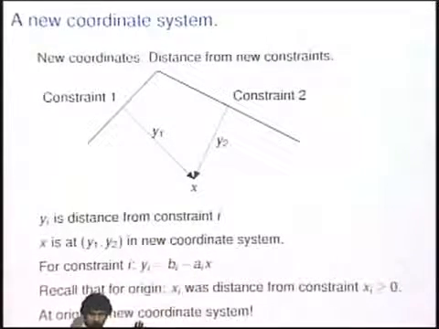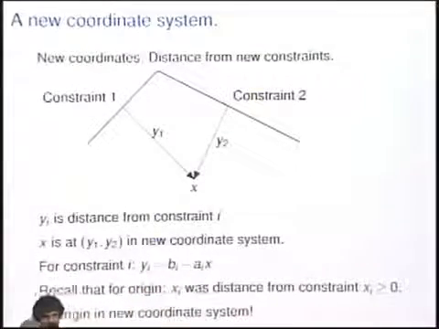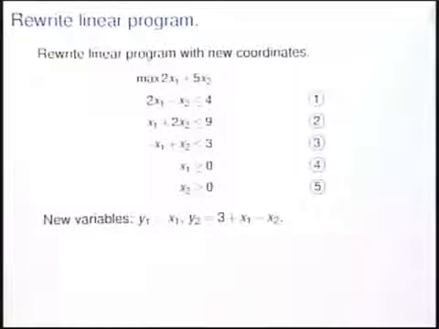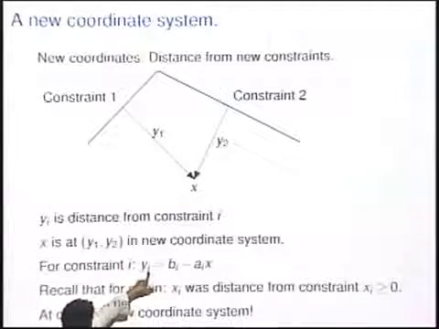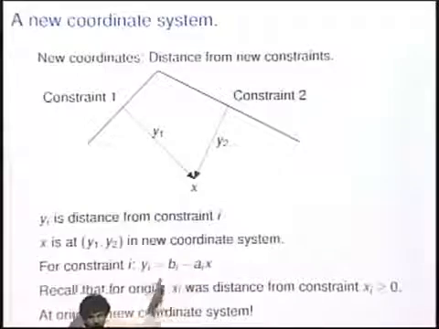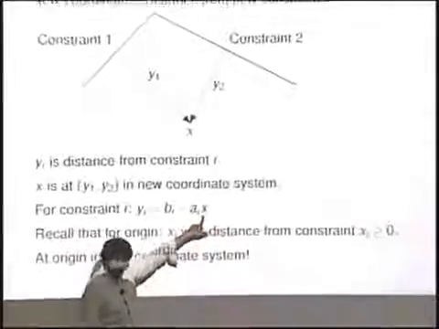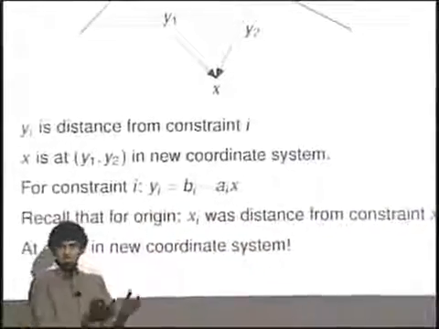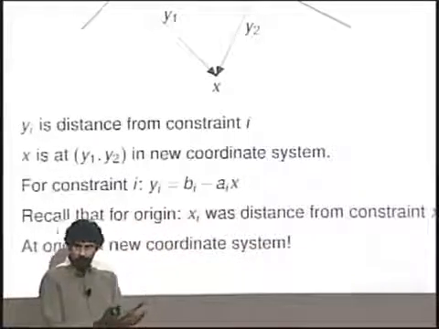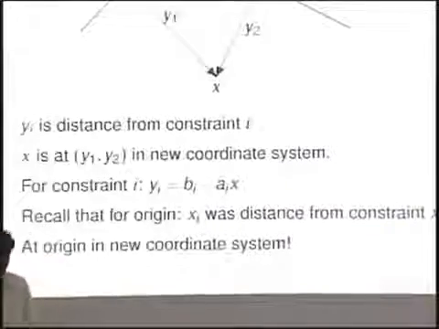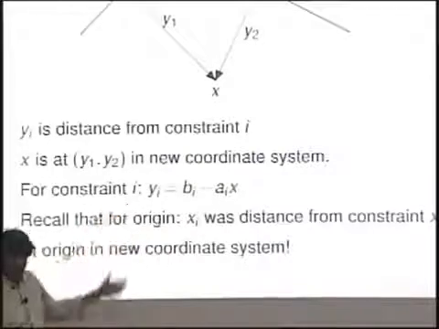Our old system was c times x, and we want to get it all in terms of y_i's. We know the y_i's in terms of the x_i's, so we put the x_i's in terms of the y_i's and plug the expressions back into the old linear program. Then you'll have a linear program in terms of the y_i's. That's solving a system of linear equations, which is no fun, but we know how to do it.